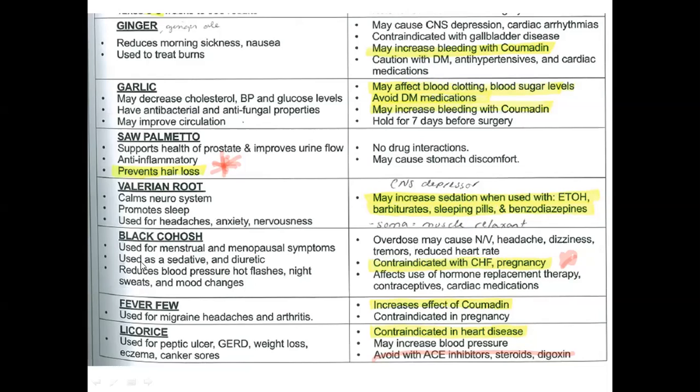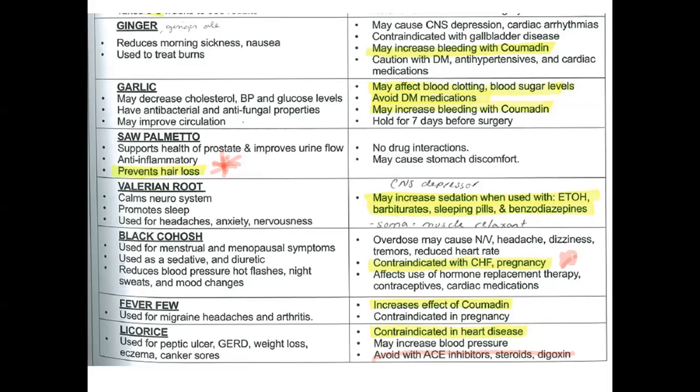Black cohosh is another herbal medication used for menstrual or menopausal syndrome, menopause. Used for sedation and as a diuretic, and to reduce blood pressure, hot flushes, night sweats, and mood changes, right?